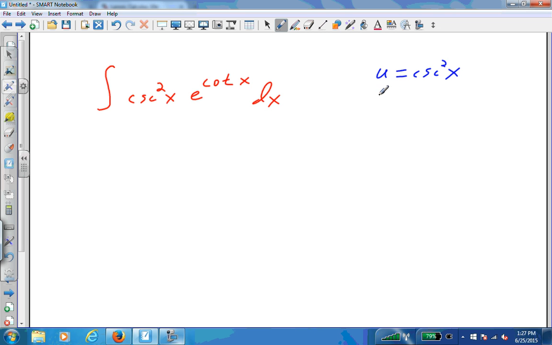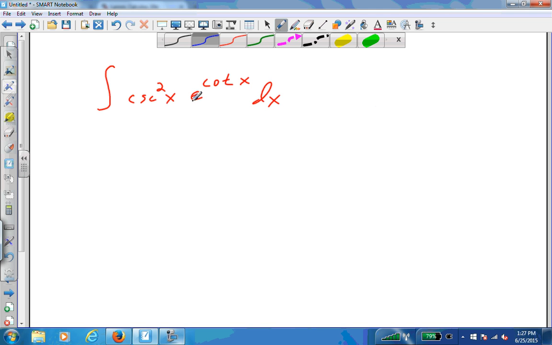Well, that would be messy. We would have to use a chain rule. The derivative of the outside is bring down our exponent, cosecant to the 1 less power, times the derivative of the inside. The derivative of cosecant, what's that? Negative cosecant cotangent, which looks nothing like what we have over here. So letting u be the cosecant squared part won't work.